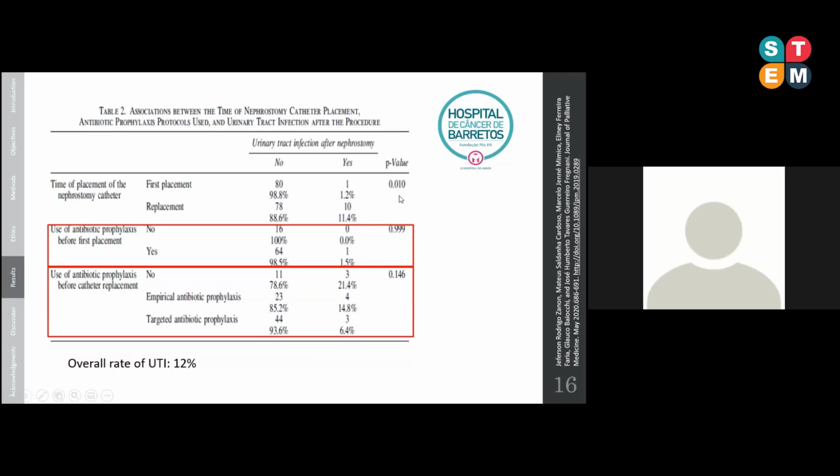For catheter first placement, the urinary tract infection rate was almost similar for those patients who received antibiotic prophylaxis or not. And for catheter replacement, the urinary tract infection rate was lower in those patients who received targeted antibiotic prophylaxis, but without statistical significance.